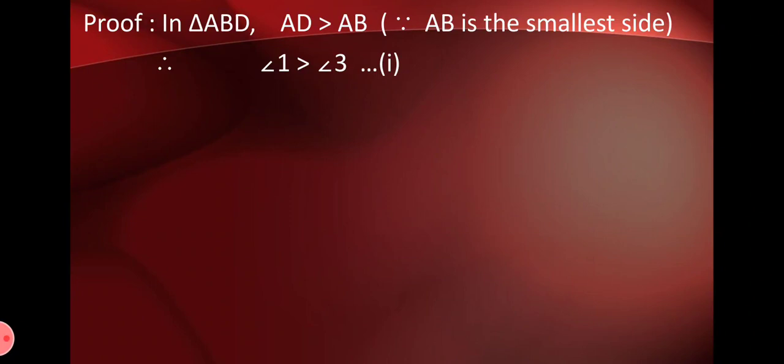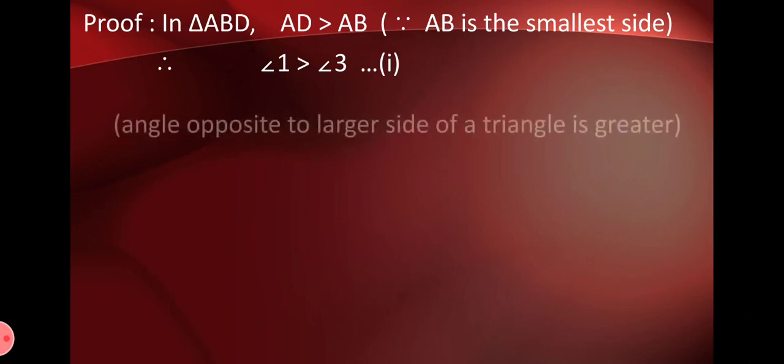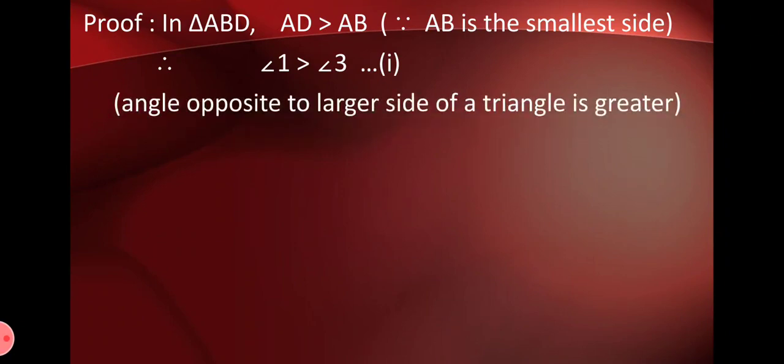Let it be number 1. Why is angle 1 greater than angle 3? Because the angle opposite to the larger side of a triangle is greater.